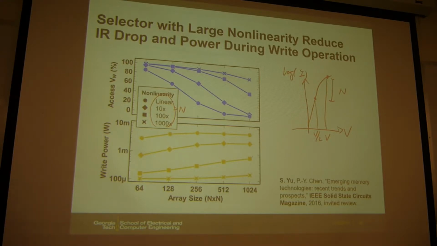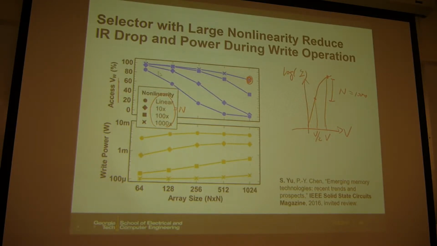So you can see the write margin, this is again the write margin. For different array sizes, like a 1000 by 1000 array, you have to make the nonlinearity ratio like 1000x to keep the write margin still larger than 80% for this very large 1000 by 1000 array.